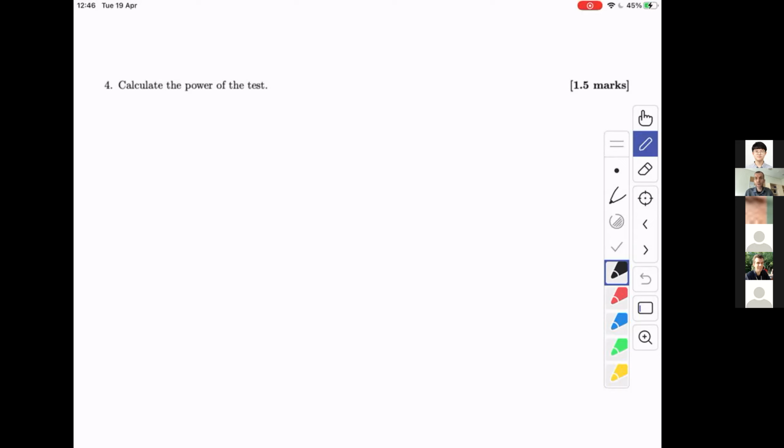So the power is basically the probability of rejecting the null hypothesis if the alternative hypothesis is true. So power is the probability that we reject H0 given that the alternative is true.